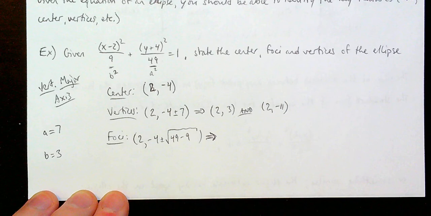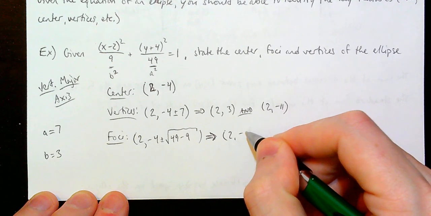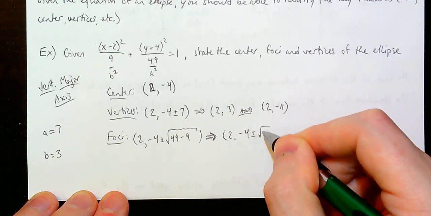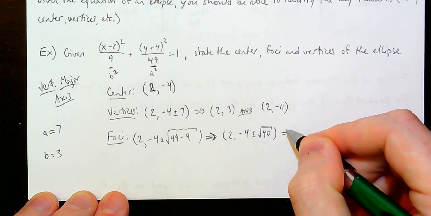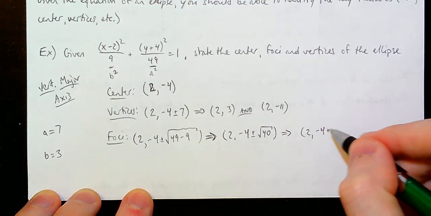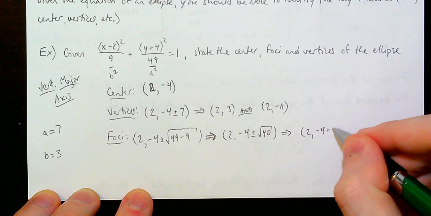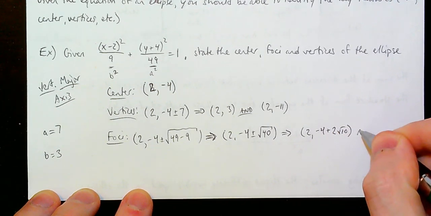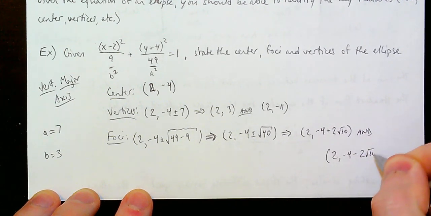Maybe it can be simplified a little bit, maybe it can't. What you get here is 2 comma -4 plus or minus the square root of 40. The square root of 40 is equal to the square root of 4 times the square root of 10, and the square root of 4 is 2. So we have (2, -4 plus 2 times the square root of 10), and then we can also have (2, -4 minus 2 times the square root of 10).